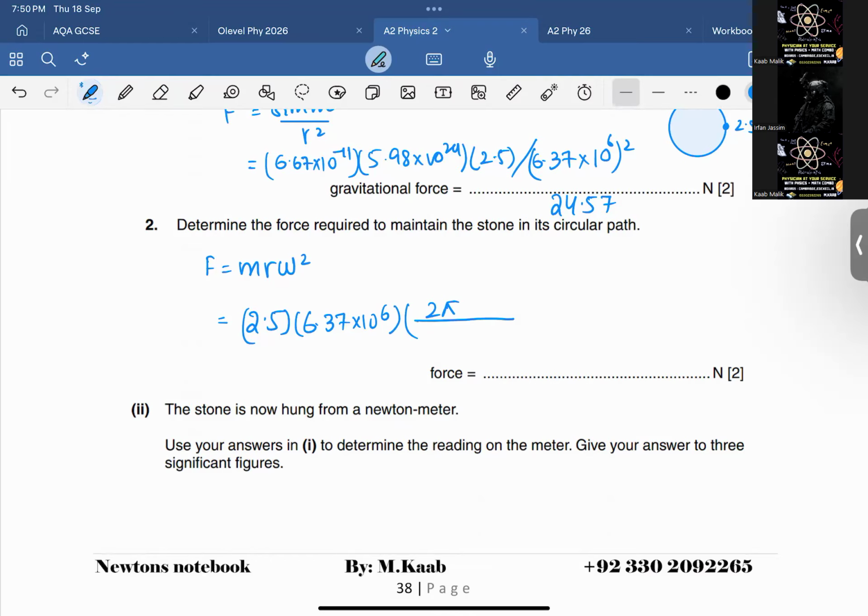So ω = 2π over 24 × 60 × 60, and you have to square it, right? How much? 0.084. Okay, 0.084.